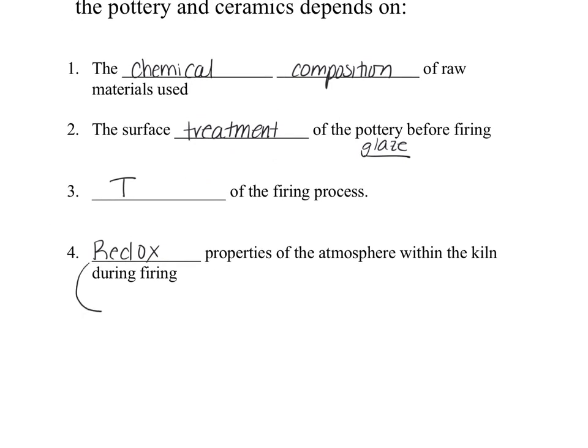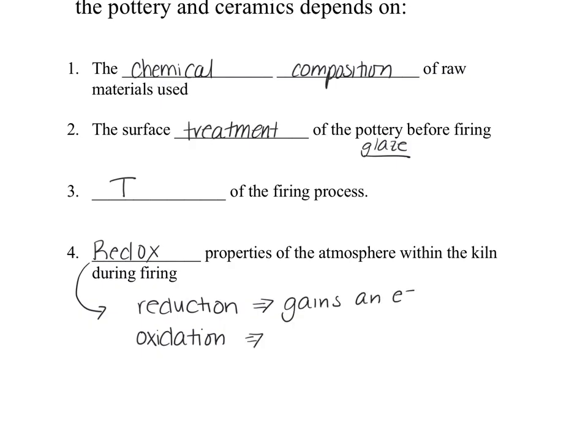Now I want to talk about redox here. What redox is, it's a process, a chemical reaction that happens when you have reduction and oxidation. And what happens here is in reduction, a chemical substance gains an electron.